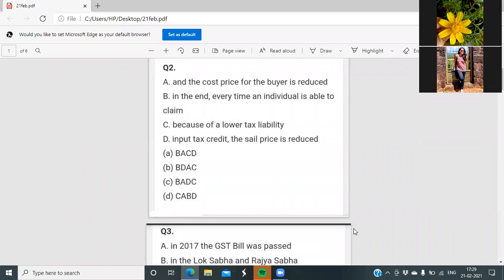The second statement has just started: the sale price is reduced. Along with the sale price, the cost price for the buyer is also reduced. So now we have fixed three statements, and definitely the last option remains: because of a lower tax liability. Or do you want me to elaborate more? Okay, perfect.